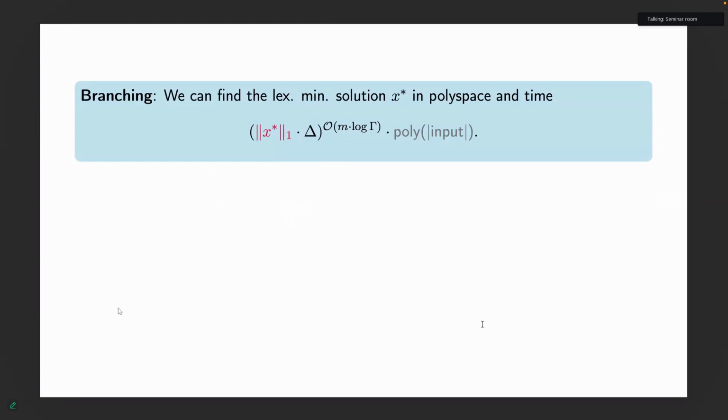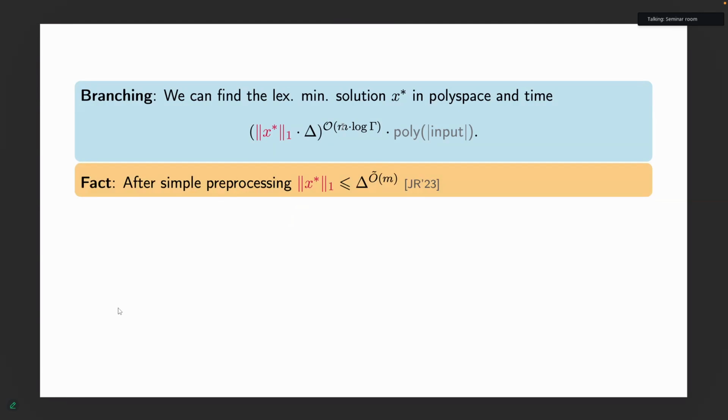I will prove the following statement: that you can find the lexicographically minimum solution in this time and polynomial space. This is the L1 norm of your lexicographically minimum solution, and this is the support of this lexicographically minimum solution, and it will be just one factor m in the exponent.